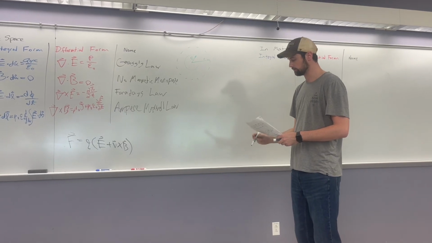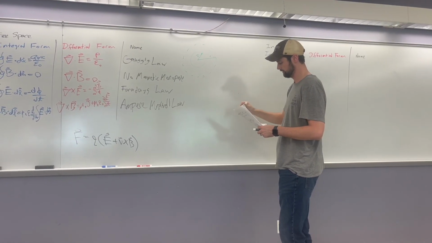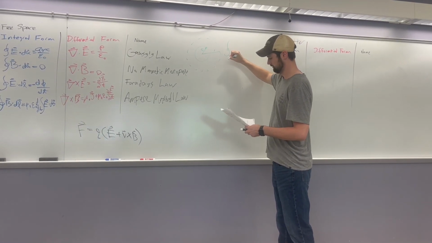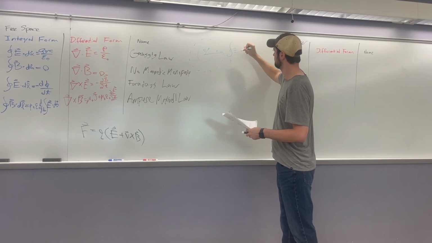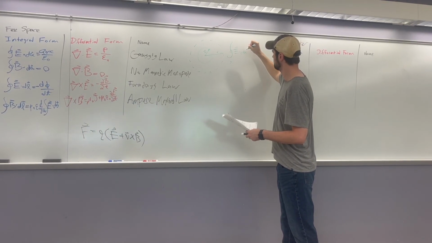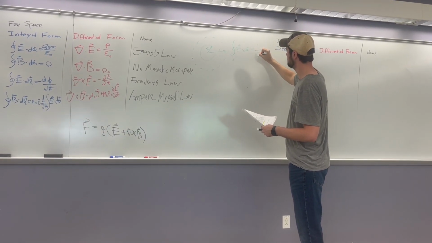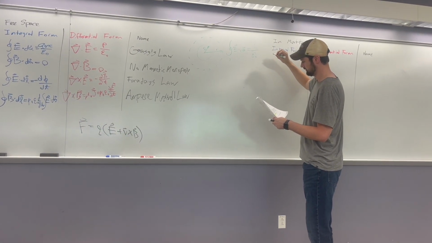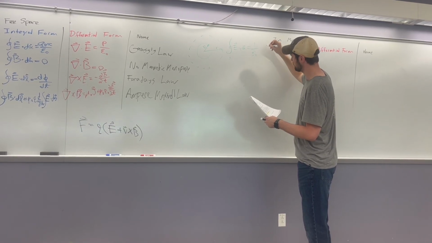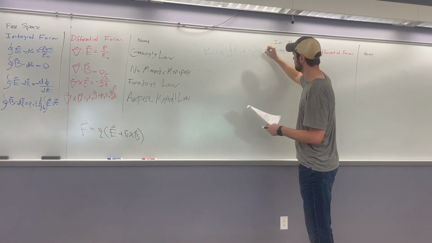And so we're going to take Gauss's law in the integral form, which is the integral of E dot dA is equal to 1 over epsilon naught times Q, or charge enclosed.